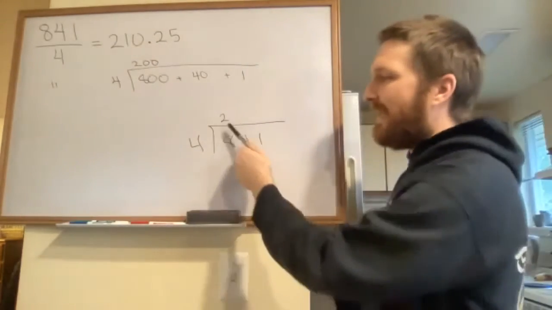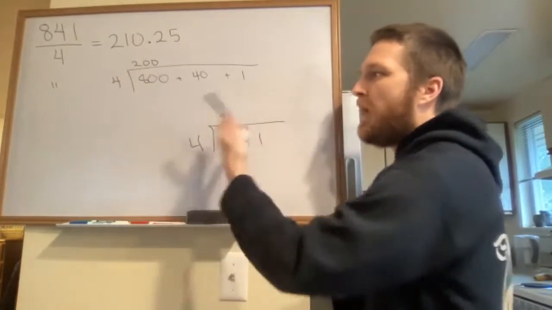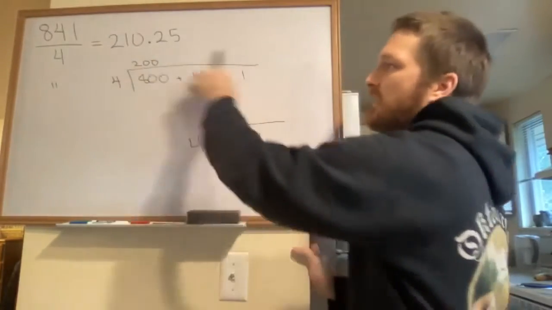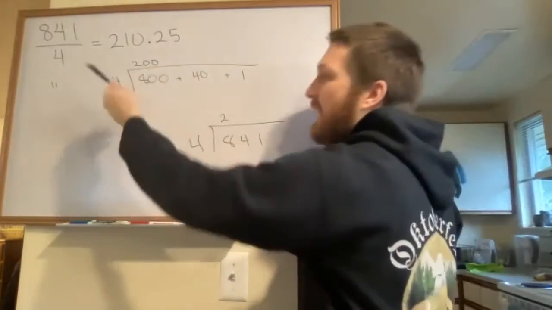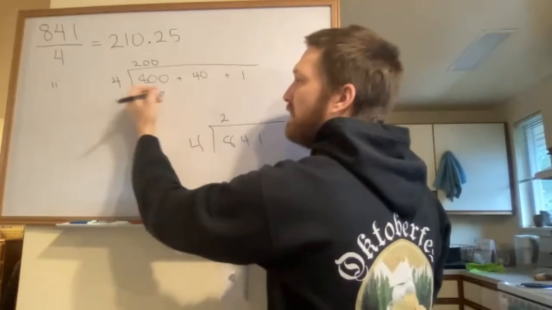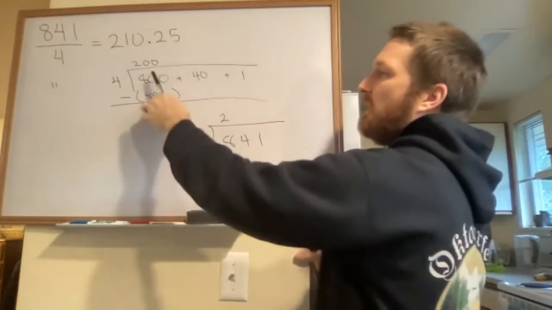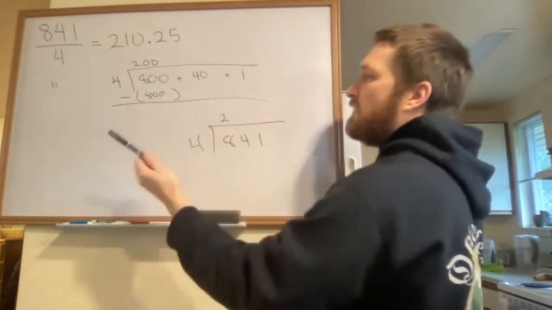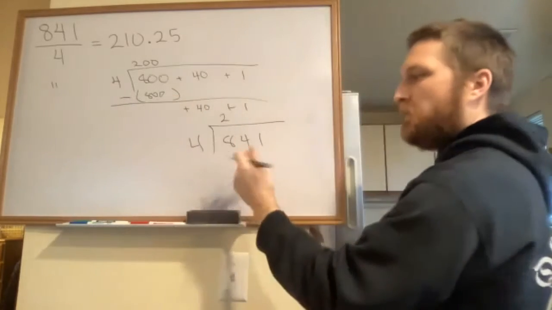That is a shorthand. This is kind of like the lazy way of doing this, and this is why this algorithm works. Then you say, well, 200 times 4 is 800, and so then you subtract it off. And you've taken that whole sum minus one of those, and you're left with plus 40 plus 1, just like we did here, right?